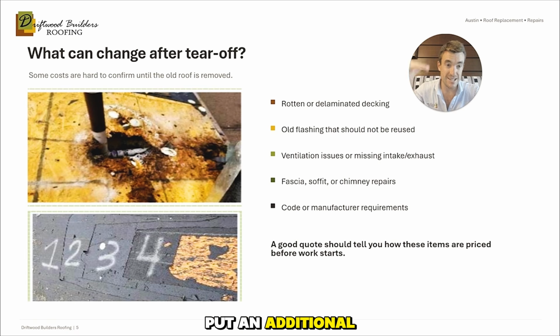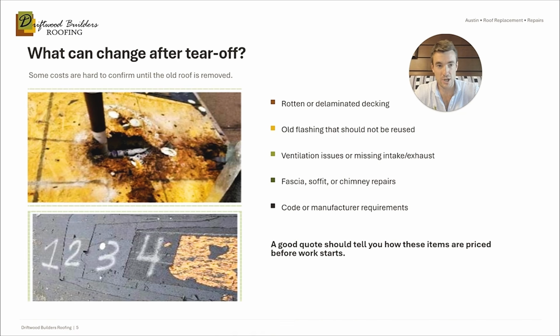They will just put an additional layer of felt paper on top of that, which is not good. So every roof should have exactly 1 layer of felt paper. And you can see at the bottom left, the 1, 2, 3, 4, this is a roof we snapped from one of our competitors, where there are 4 layers of felt paper. So in our contracts, we have a specific charge if we have to remove an additional layer of felt paper. So that's one thing to keep in mind.